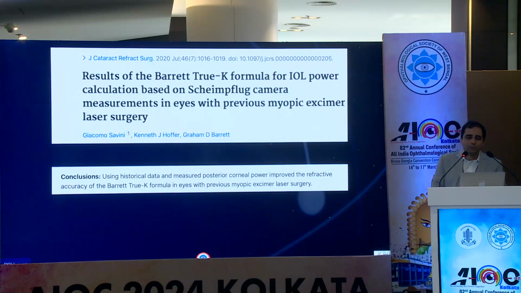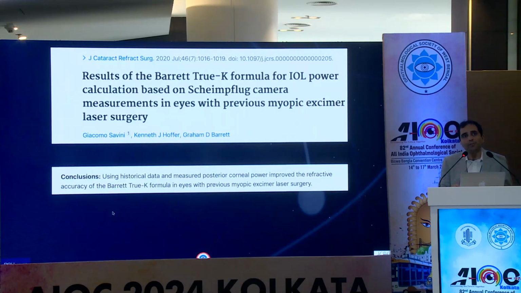Very few publications are now starting to come up which show that when you use the total keratometry with the IOL Master 700, there are more chances that you get more patients within plus or minus 0.5 diopter compared to without using the total keratometry.